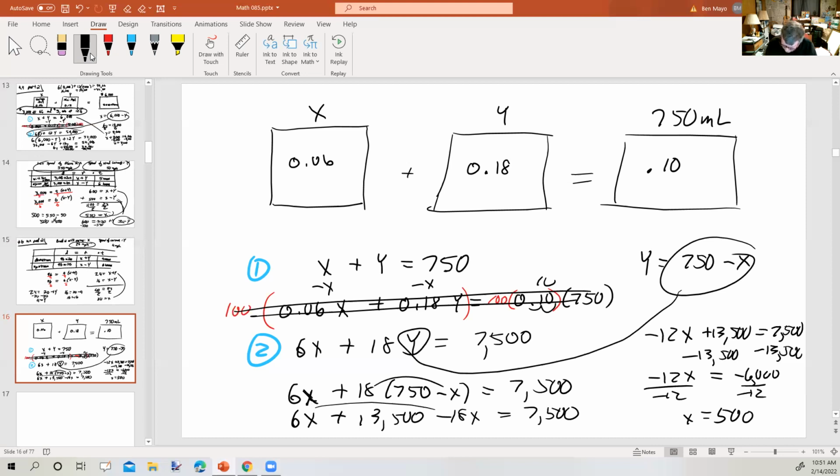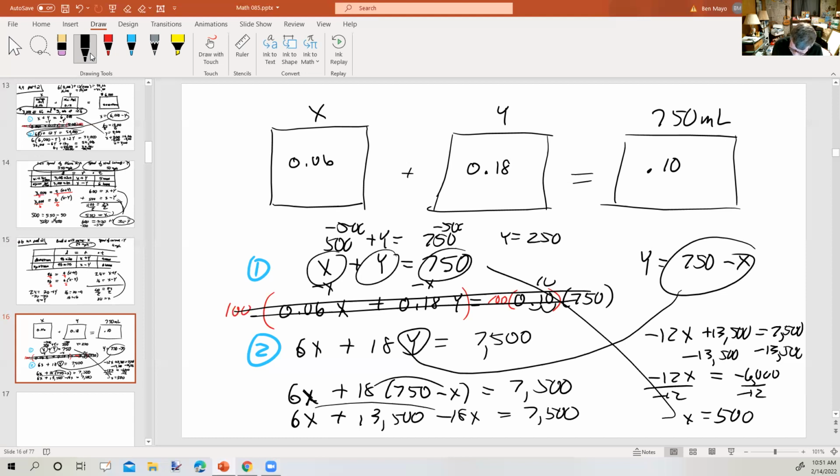Okay. Plugging that up here, if x is 500, 500 plus y equals 750. Subtract 500 from both sides, y equals 250. Check it here: 500 plus 250 is 750.